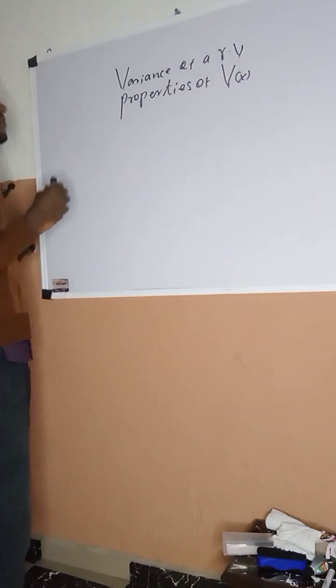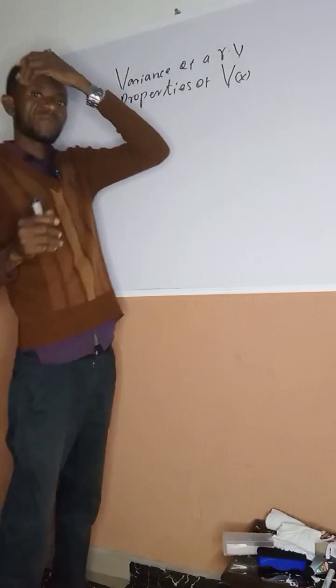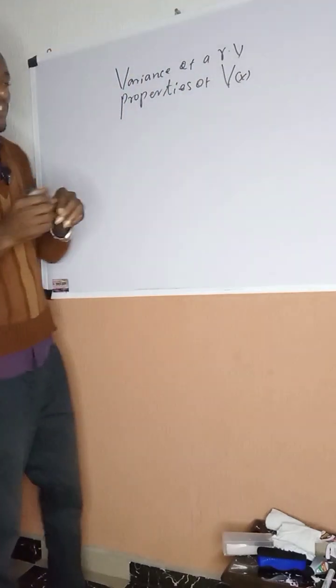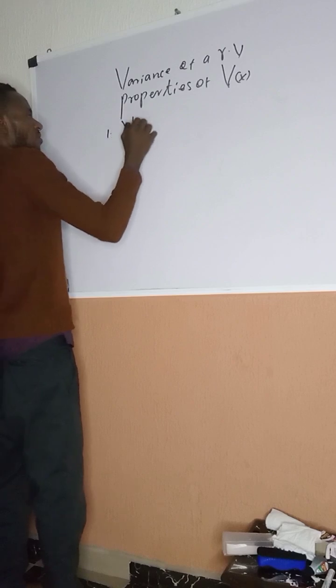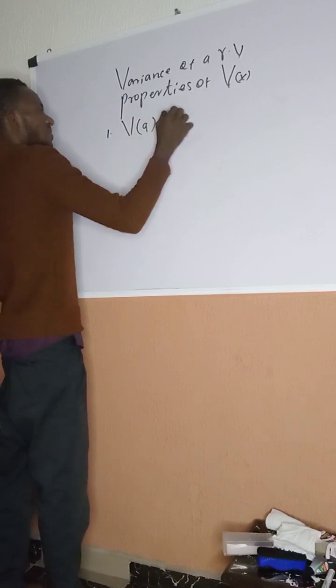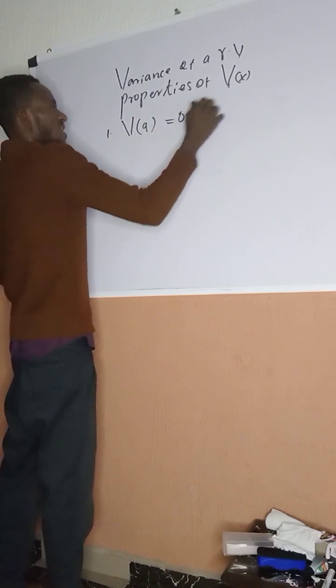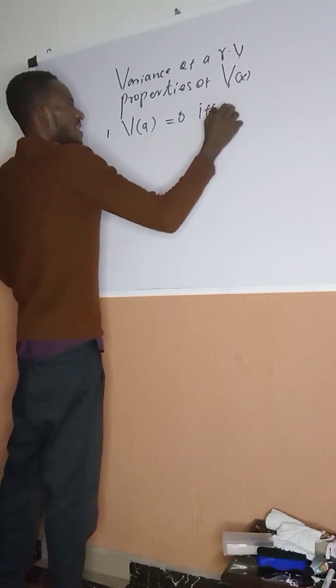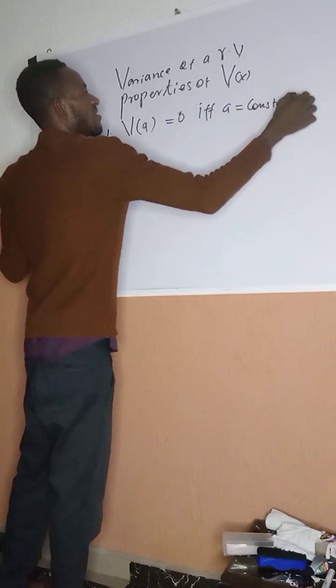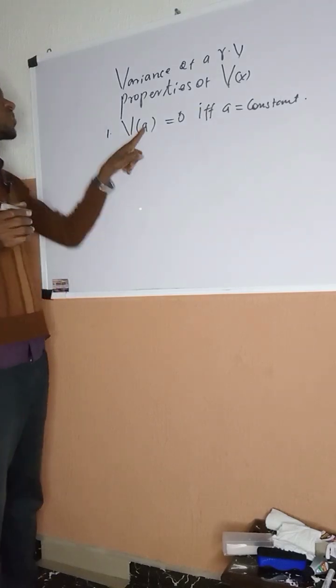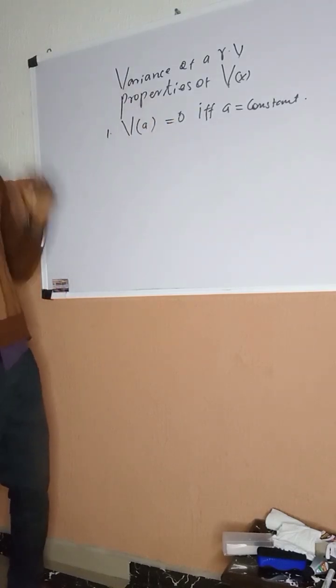What we mean by V of x here is the variance of a random variable. We say number one, that V of A equals 0 if and only if A equals a constant. That is to say that the variance of a constant is 0.